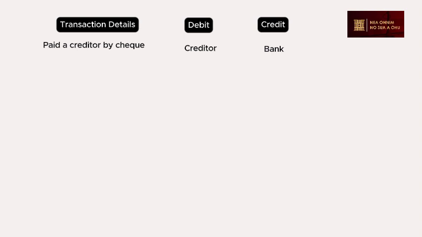Which account gives? Is it the creditor account or the bank account? So it is the company making the payment by check, which is from its bank account. So it is coming from the bank account. So the bank account is giving. And who is receiving? The one who is being paid, which is the creditor.